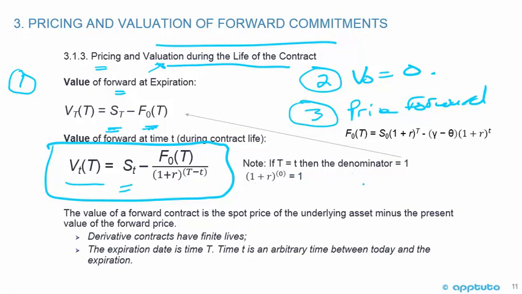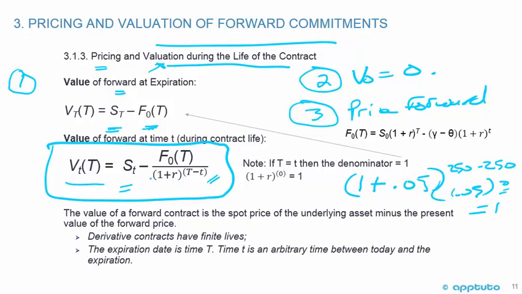Let's say the risk-free rate was 5%, and it's at expiration, so it would be 1 plus 0.05 to the power of, let's say it was 250 days, 250 days minus 250 days, because we're at expiration now. So that would be 1.05 to the 0. And anytime you put y to the x to the 0, it's going to equal 1, okay?